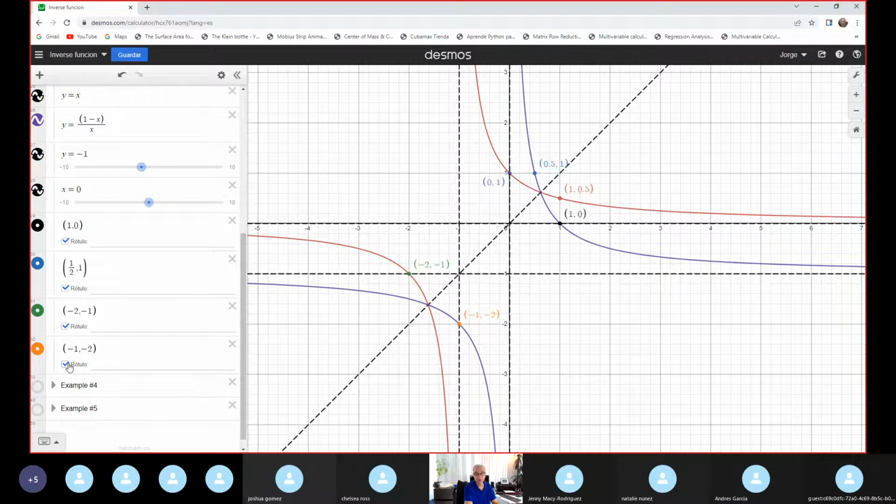Do you see the symmetry of the points? And the symmetry of the asymptote? Yes. So we take advantage of this fact to understand more complicated functions.